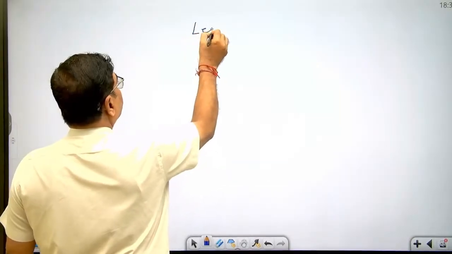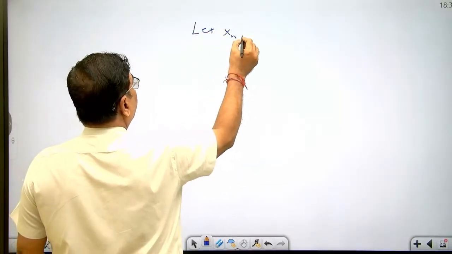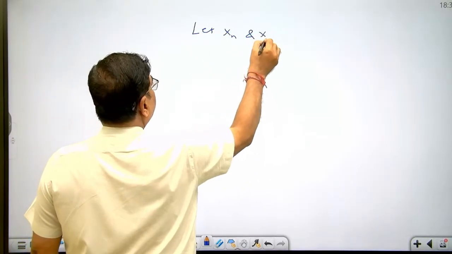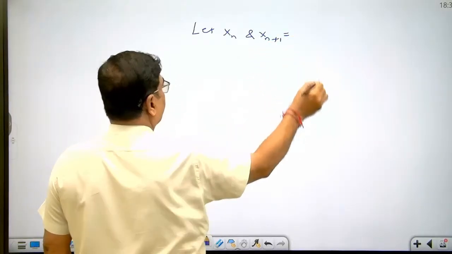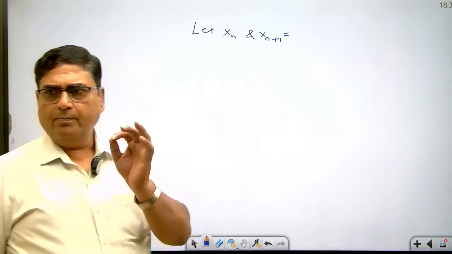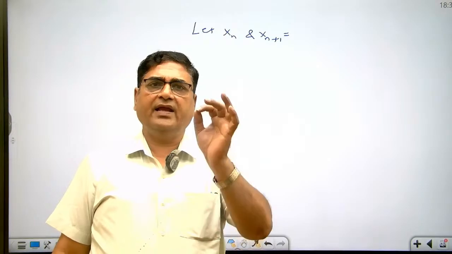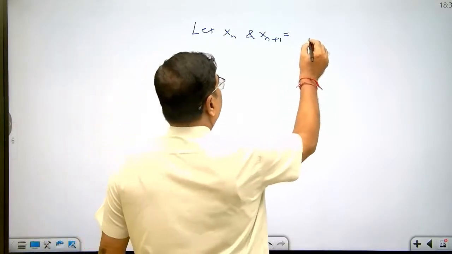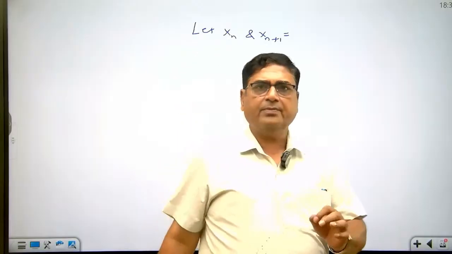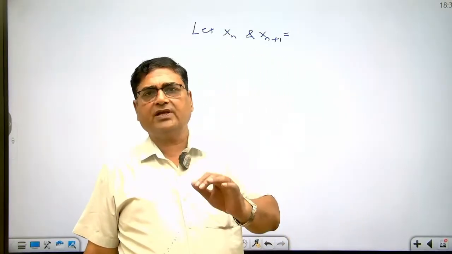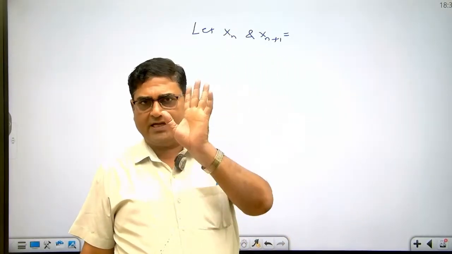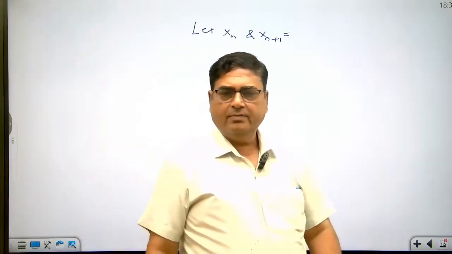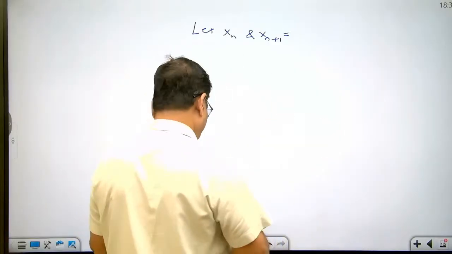Let xn and xn plus 1 equal the position of nth order and n plus 1th order bright fringe from the central fringe, okay? In a numerical problem, it is not necessary that the location of the central fringe remains at the center of the screen, okay? It is not necessary. But here we have assumed it, okay, for convenience.